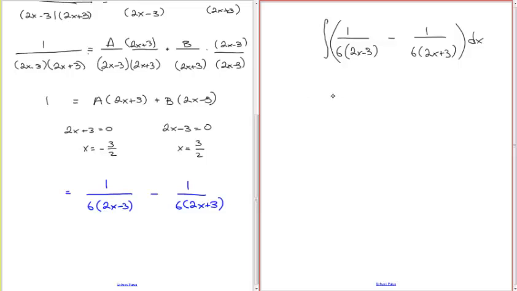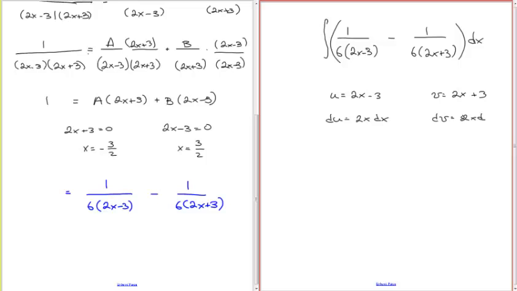So to do that, let u equal 2x plus 3. Therefore, du is equal to 2 dx. And if we let v equal 2x minus 3, since that's the first equation, and this one is plus 3, you can see that the differentials are the same.